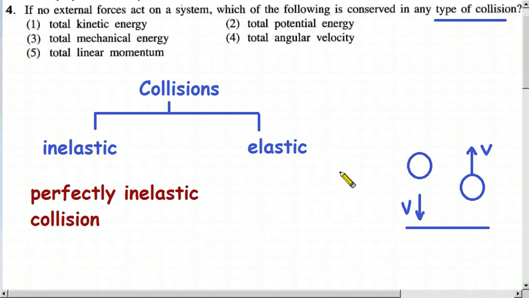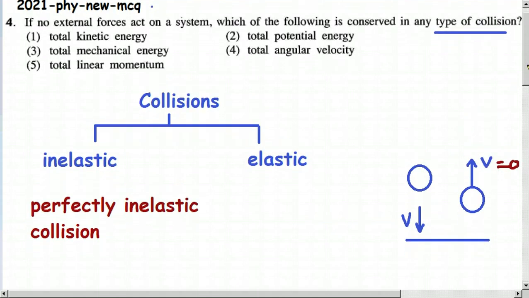That means as I said, if the velocity after the collision is zero, that means the total initial kinetic energy has been totally converted into other energies. That sort of inelastic collisions are called perfectly inelastic collisions.